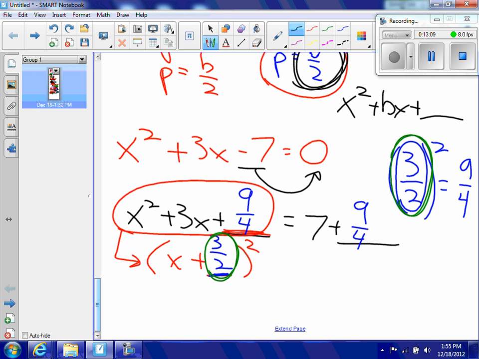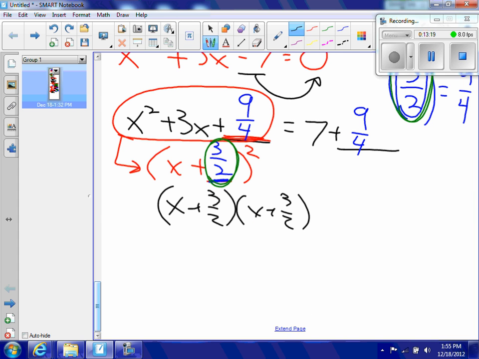3 halves. When you FOIL x plus 3 halves out, let's just do it. My first, x squared. My outer, plus 3 halves x. My inner, another plus 3 halves x. My last, plus 9/4.